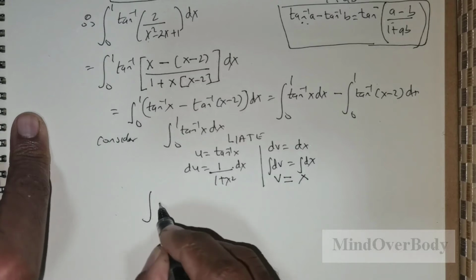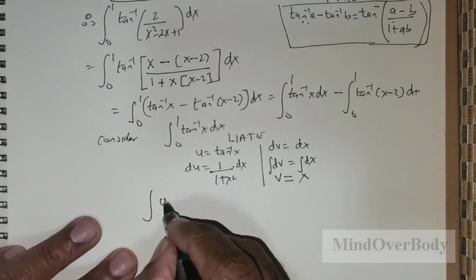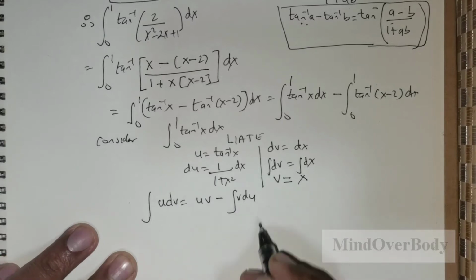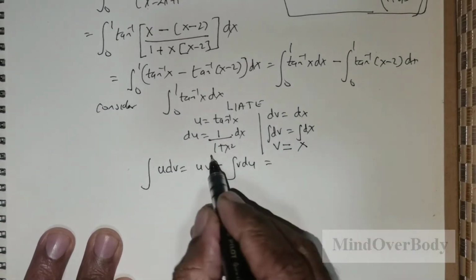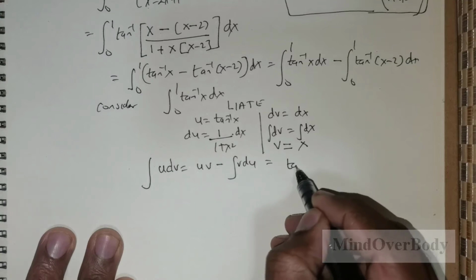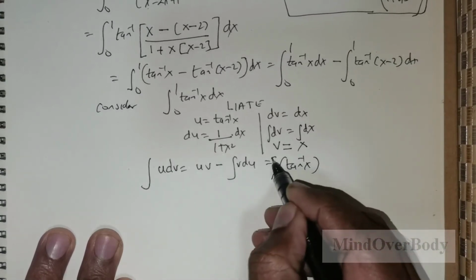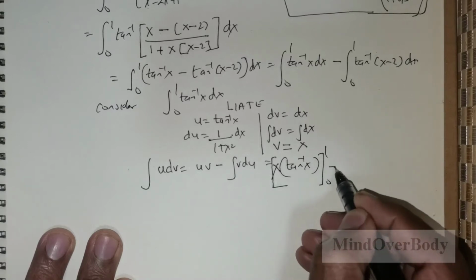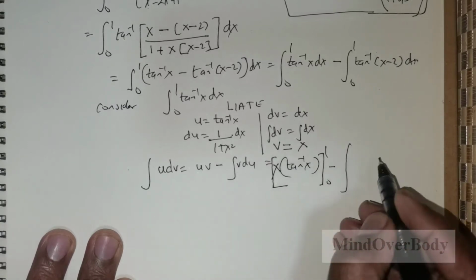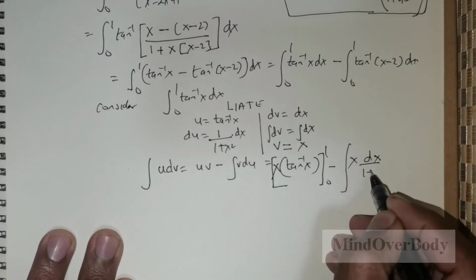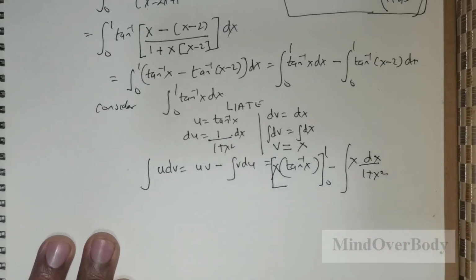So my integration by parts, the integral of u dv, is equal to uv negative the integral of v du, which is rewritten as u is tan inverse of x times my v is x, with limits 0 to 1, negative the integral of v, which is x, times my du, which is dx divided by 1 positive x squared.